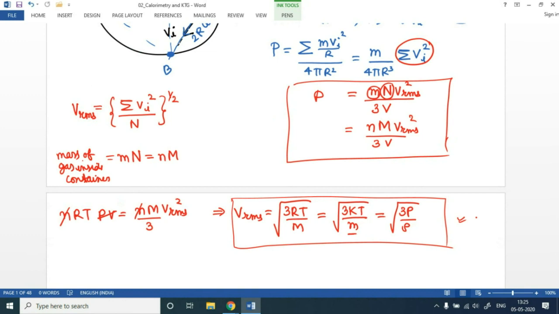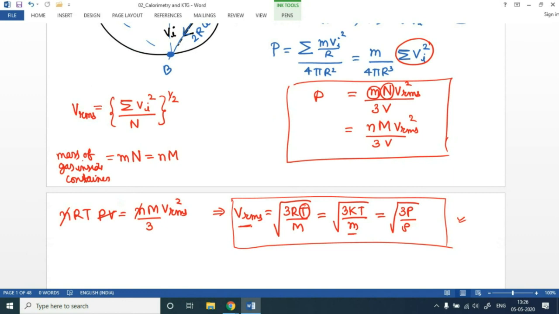And one other thing I want to tell you here, clearly you can see that the temperature of the gas is related to the RMS speed of the gas molecule. Speed generally we think of as a frame dependent quantity. So now the question is, does the temperature depend upon the frame of reference?